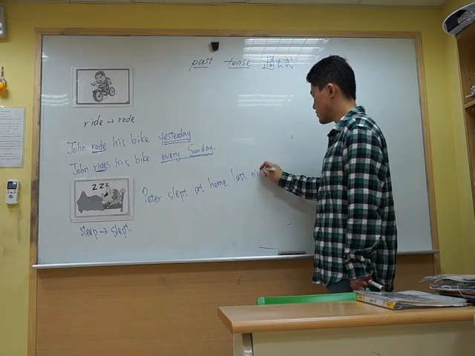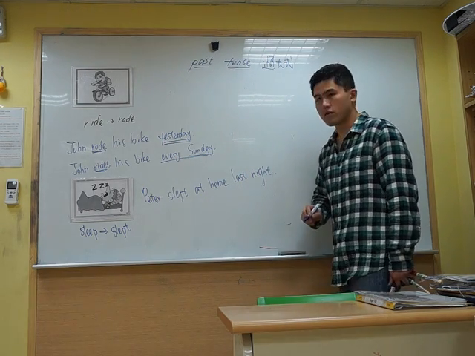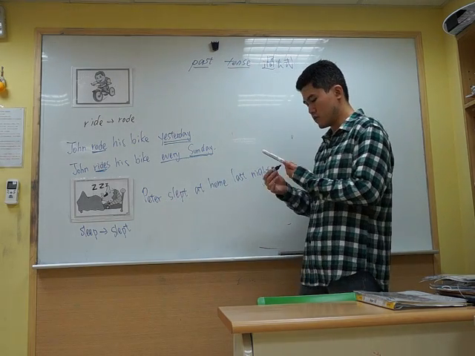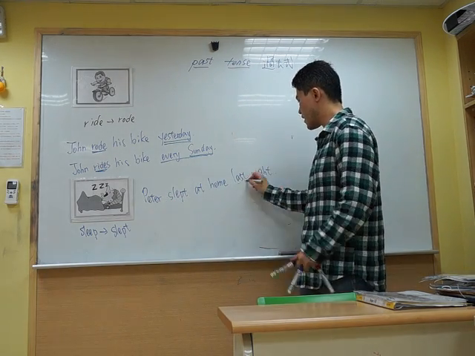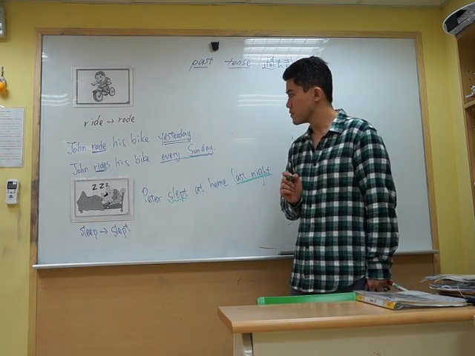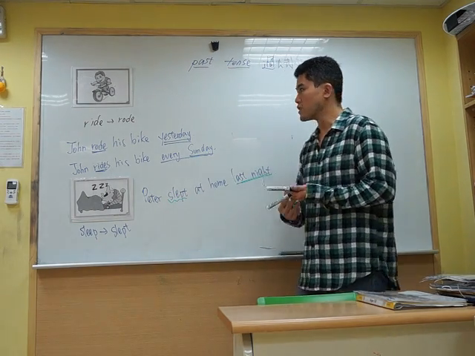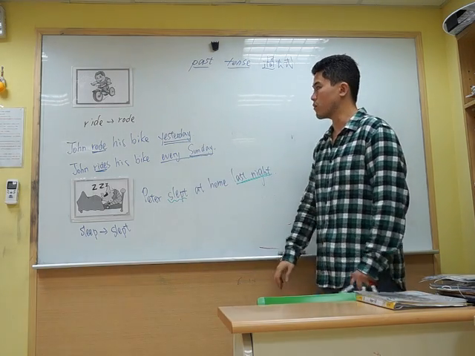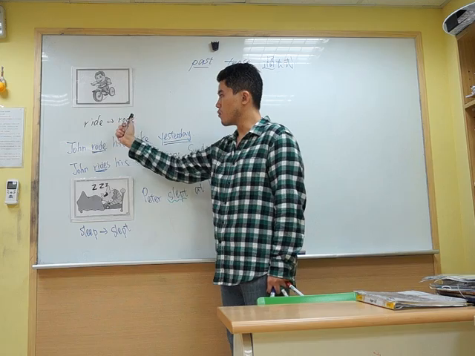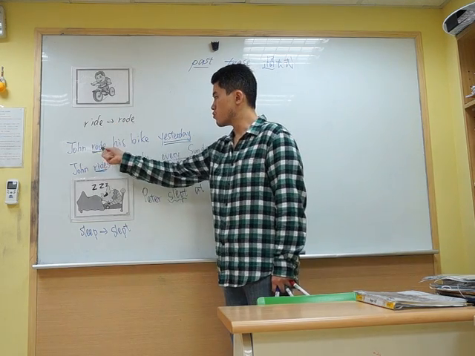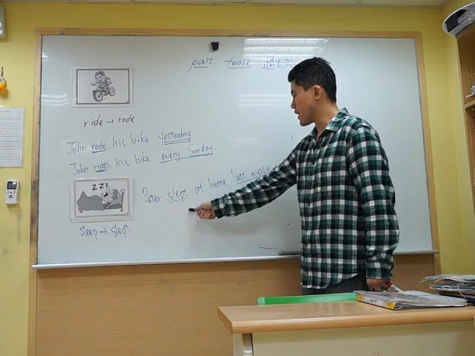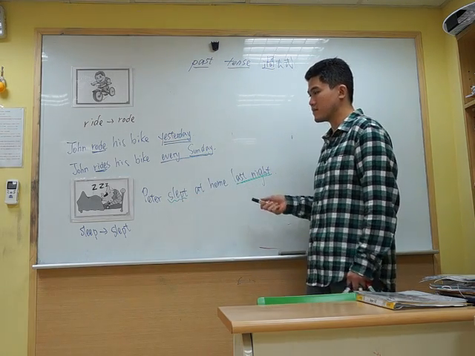Last night. So together, Peter slept at home last night. So you see, past tense time marker and past tense verb. Alright? So let's practice the two pictures on the board. Ride, rode. John rode his bike yesterday. Peter slept at home last night.